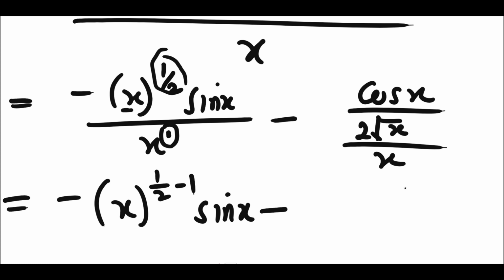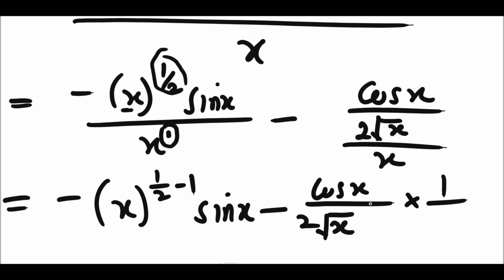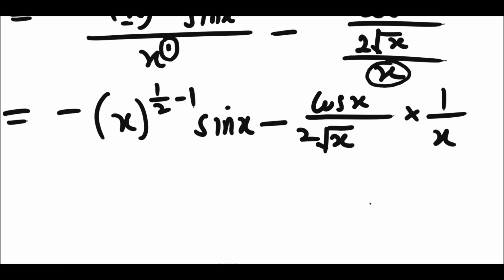Then we get to the second part, we have cos x divided by 2 root x, everything divided by x, so it's the same as times 1 divided by x. Okay, we just reciprocated the x over here so that it changes to multiplication. So here we are going to get negative, then x exponent negative half, because half minus 1 will give us negative half, sine x.